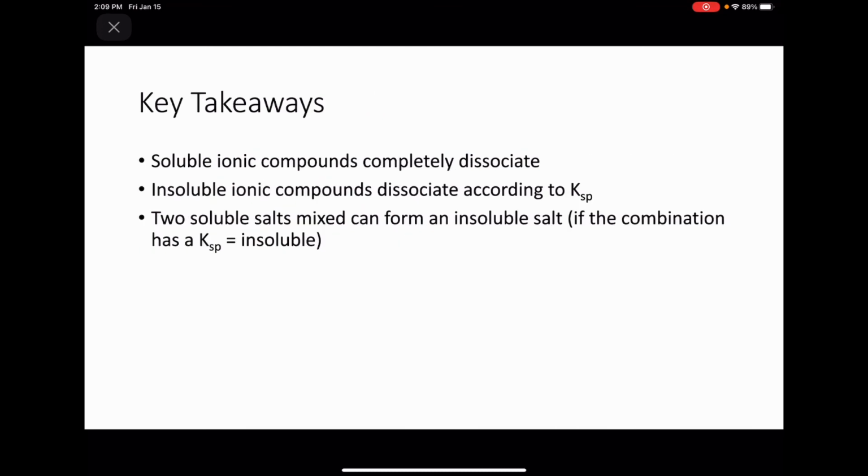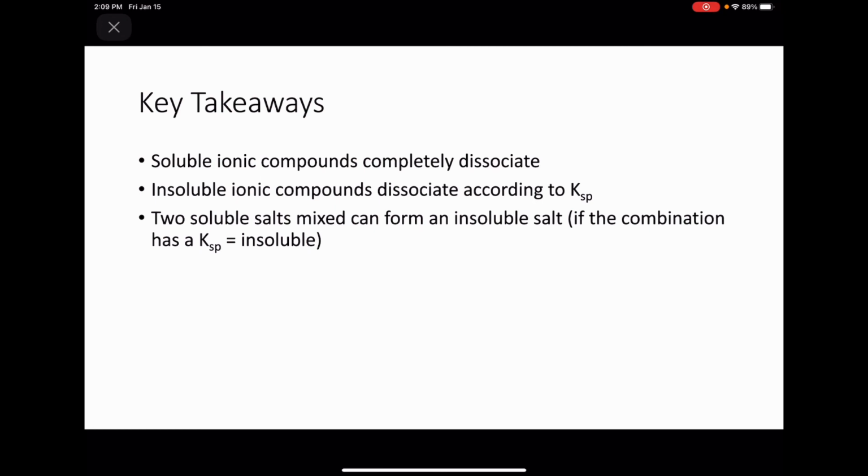So the takeaways from this video are that soluble ionic compounds completely dissociate. This is something you probably should have learned last semester. I know we did a lab on that. Insoluble ionic compounds are going to dissociate according to our equilibrium constant. And we can look up our equilibrium constant in tables or determine it based on delta G's, which we know how to do.